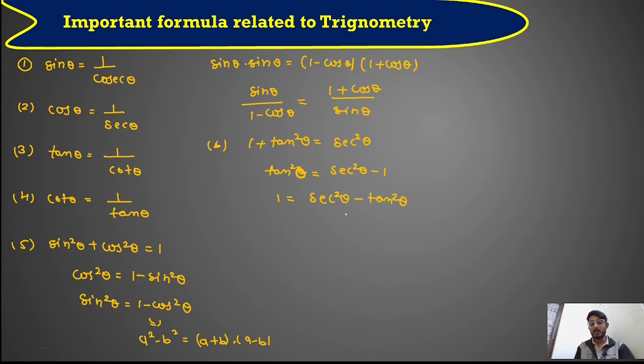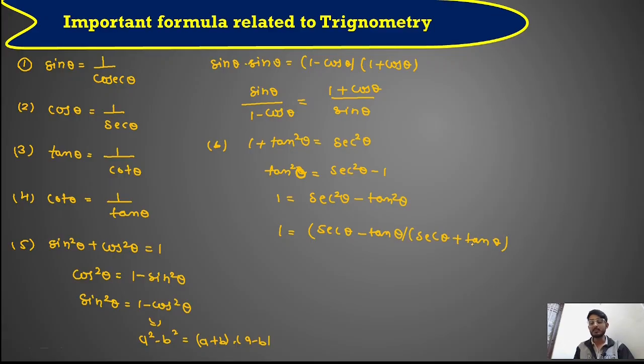And here you can apply the identity also. Sec square theta minus tan square theta means a square minus b square, which means a minus b into a plus b: sec theta minus tan theta into sec theta plus tan theta.